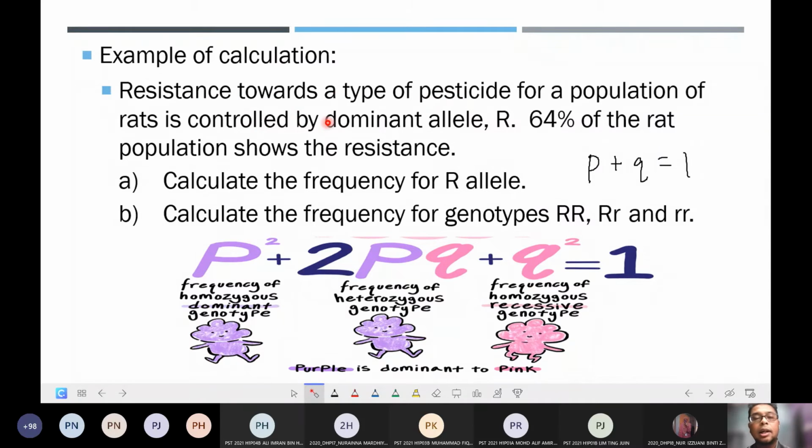This resistance can be controlled by a dominant allele, capital letter R. So information given here will be 64% of the rat population shows the resistance. So the first thing, how can you calculate the frequency of the allele capital R? And next you need to calculate the frequency of the genotypes: homozygous dominant, capital R, heterozygous genotype, capital R, small r, and the homozygous recessive genotype, small r.